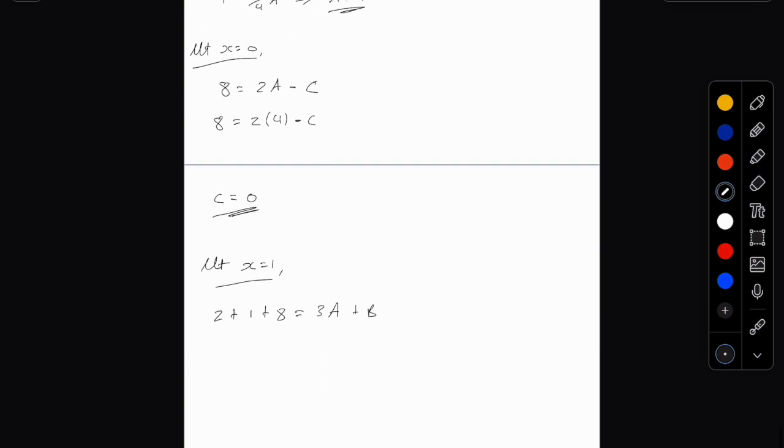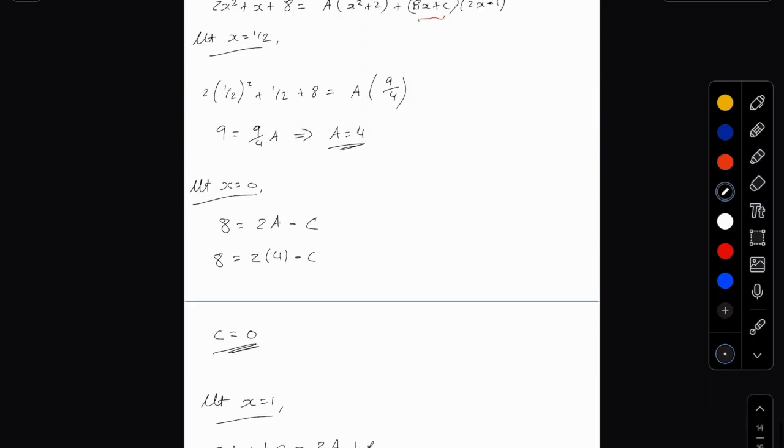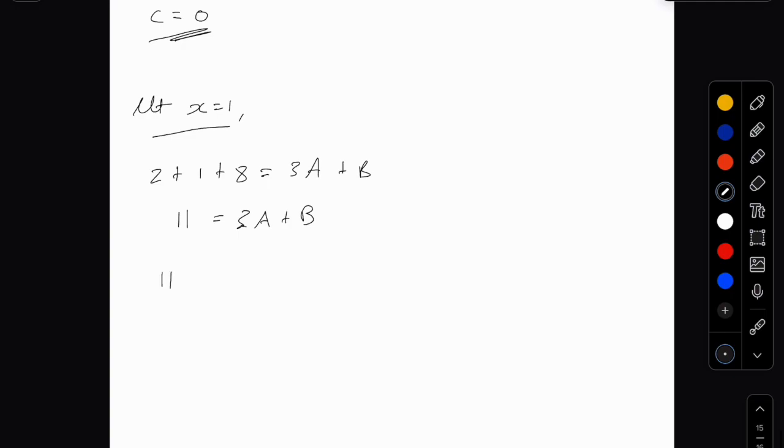So we got 11 is equal to 3a plus b. But we know that a is equal to 4. Therefore 11 is equal to 3 times 4 plus b. Therefore b is going to equal what? B is going to equal negative 1.